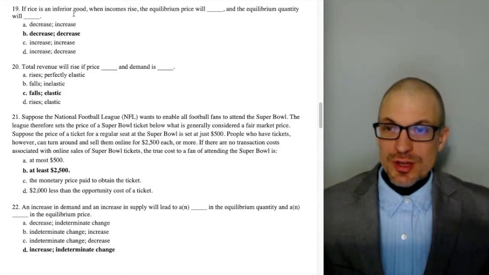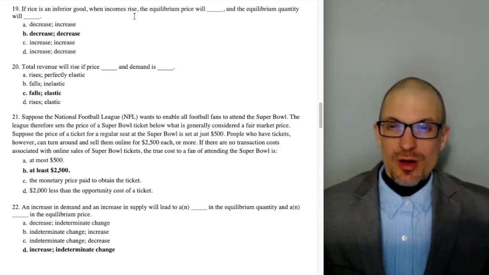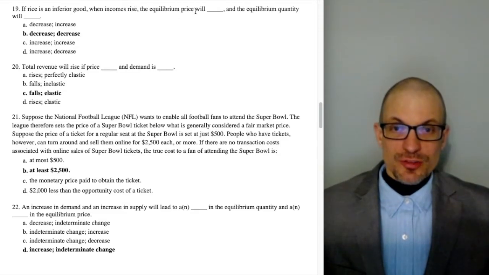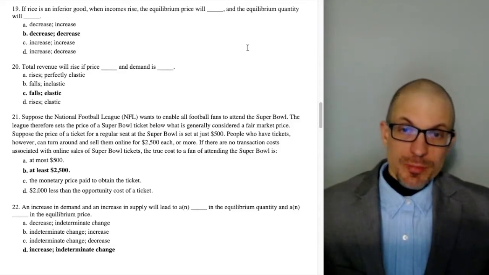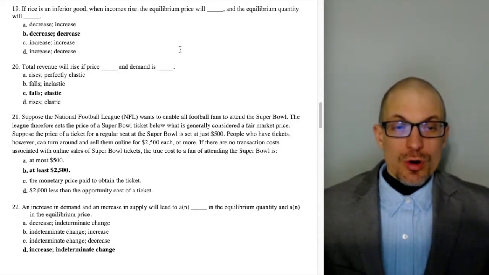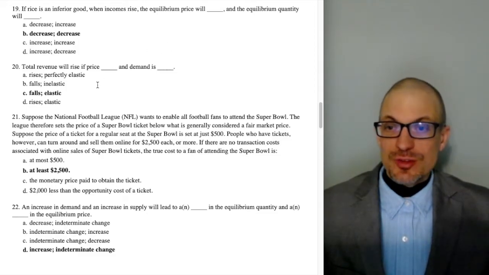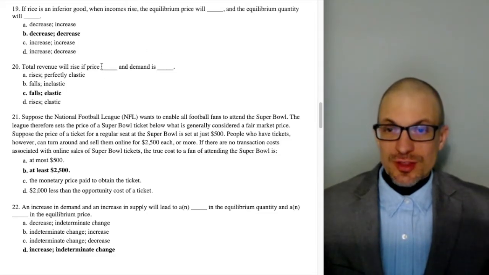Relative to this question, income's going to rise, so we'll get a decrease in demand for rice, which you could draw as a leftward shift of demand, or we could think of consumers just losing interest, right? So decrease, decrease.